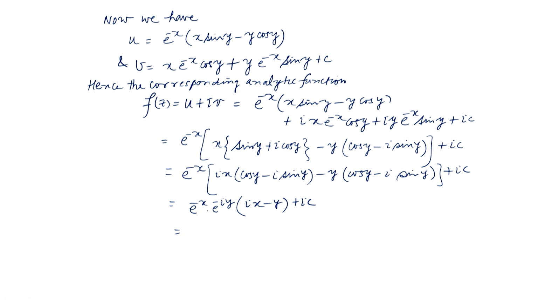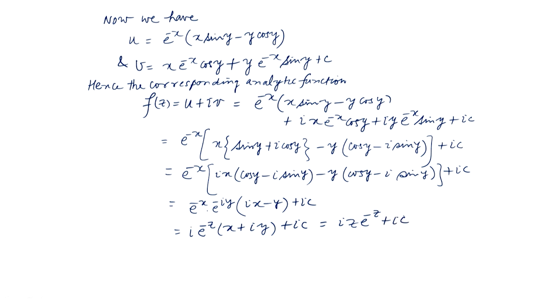So this e to the power minus x minus iy is e to the power minus z, z is x plus iy. I we can write here, then x minus 1 upon i into y. So that is x plus iy, and this we get as i z into e to the power minus z plus i c.